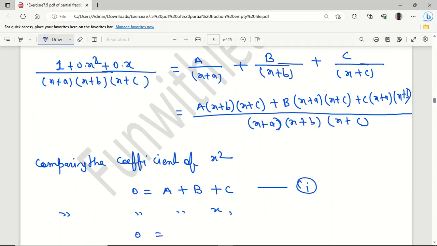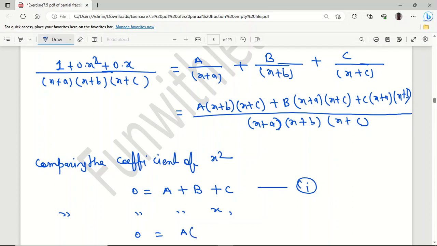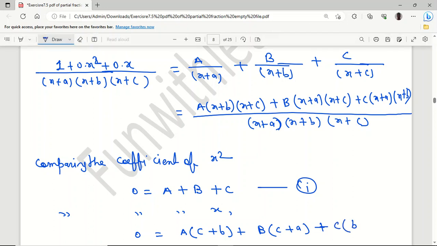So it will give me a into (b plus c), b into (c plus a), and c into (b plus a).